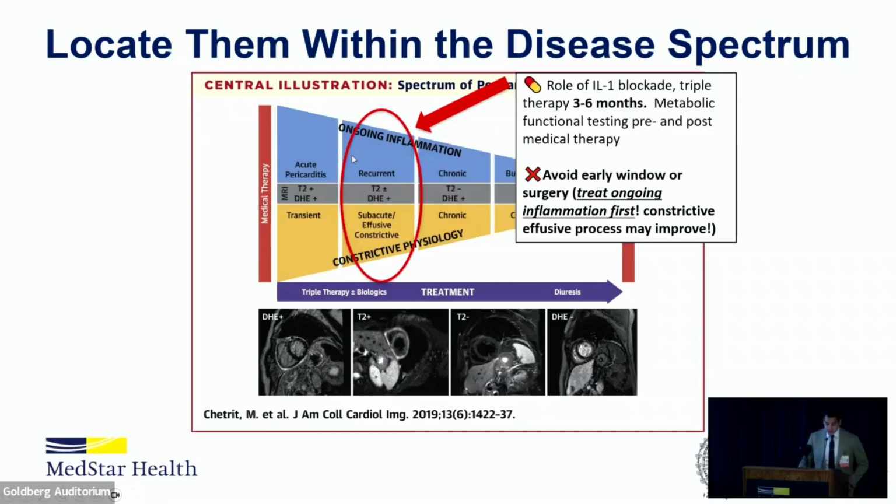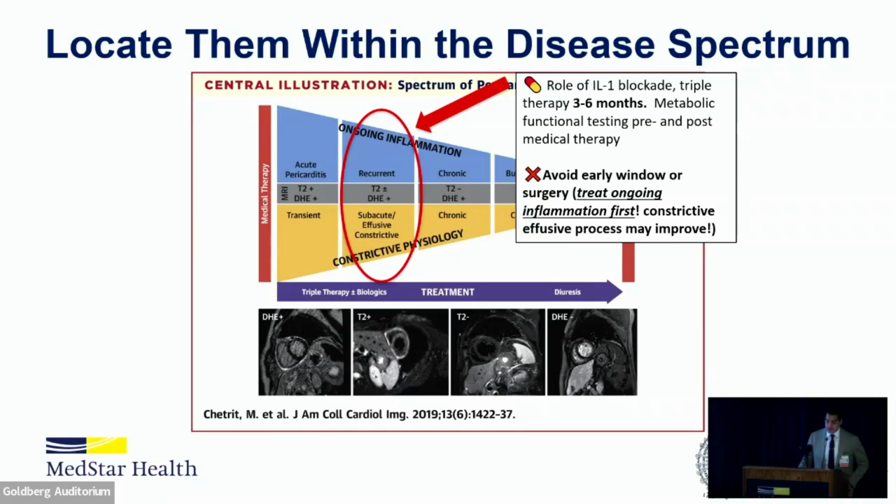But recurrent pericarditis can lead to a subacute effusive constrictive physiology. I had shown you some slides earlier about constrictive physiology, where you're seeing some dissociation in intrathoracic and intracardiac pressures. The older paradigm used to be that these patients need to be considered for surgery, and this is a permanent problem, but it is likely not.